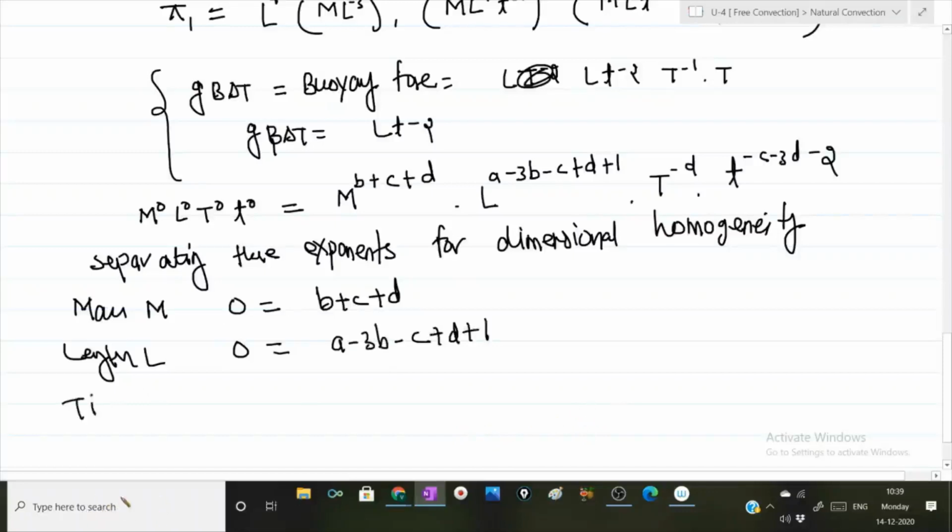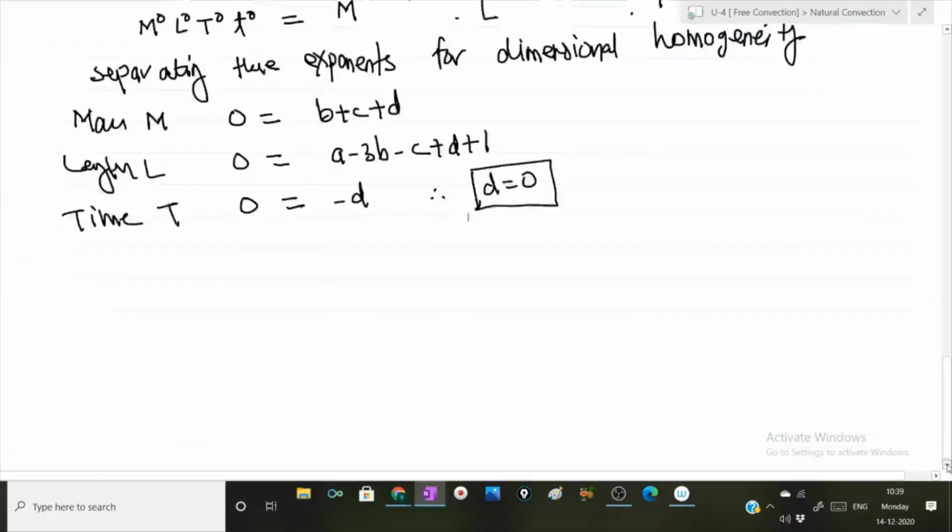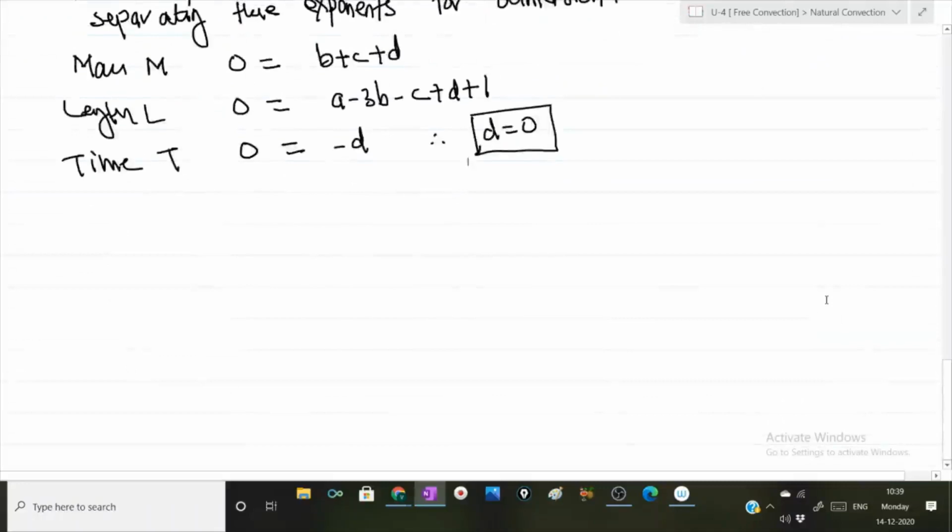For temperature, 0 is equal to minus d. So from here I can say d is equal to 0. Sorry, this is not time, this is temperature.